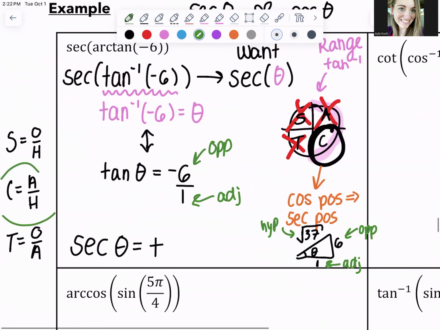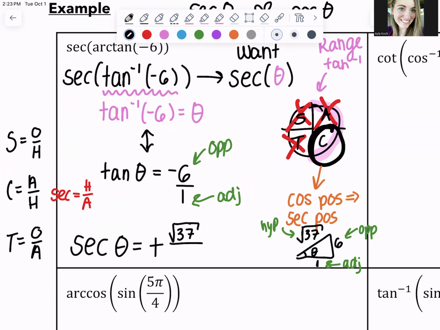If cosine is adjacent over hypotenuse, that means that secant is hypotenuse over adjacent, the flippity flop, because they are soulmates. Hypotenuse is square root of 37, adjacent is 1. So really, this is just square root of 37. That's our answer.